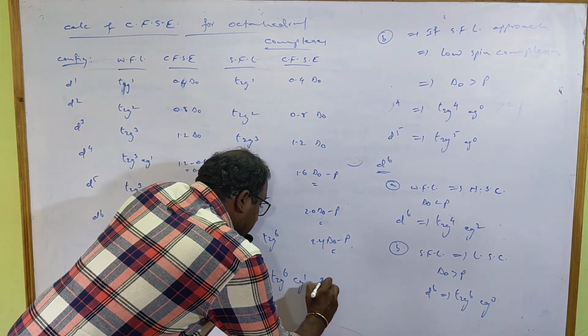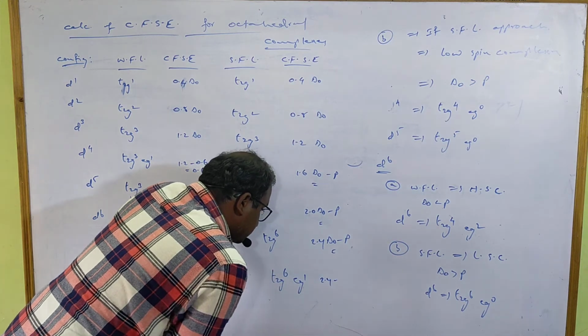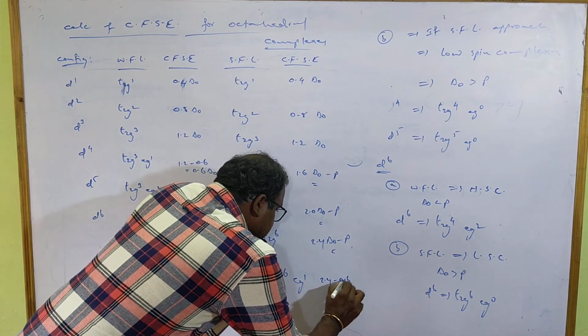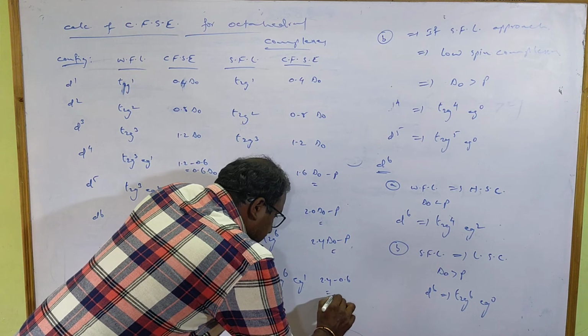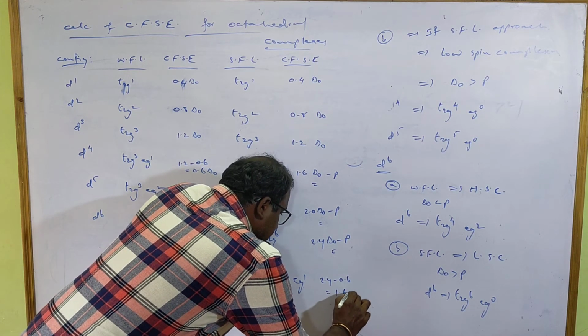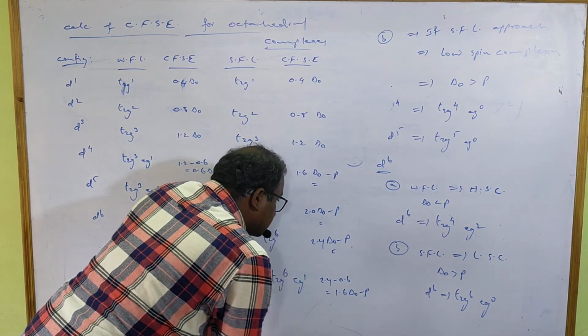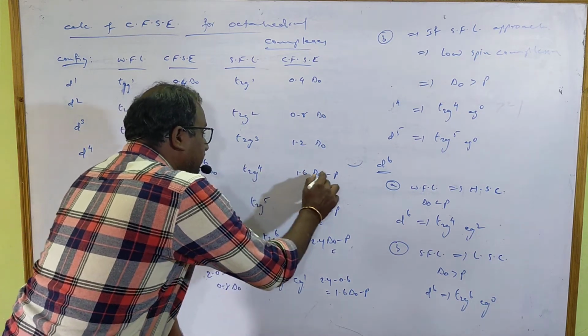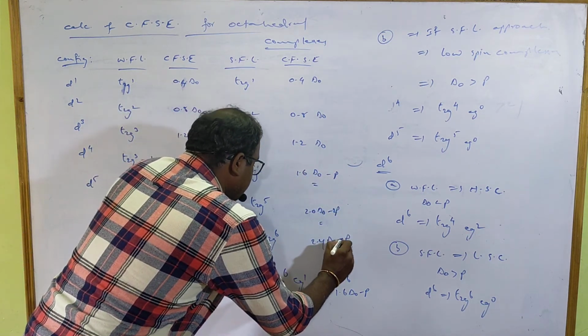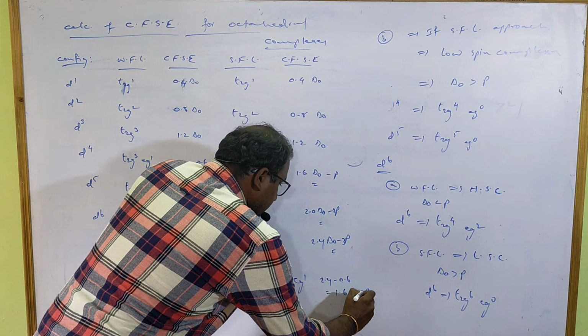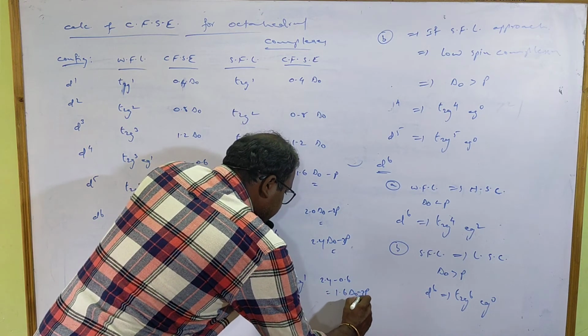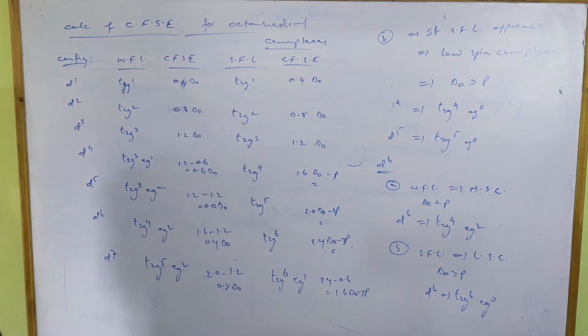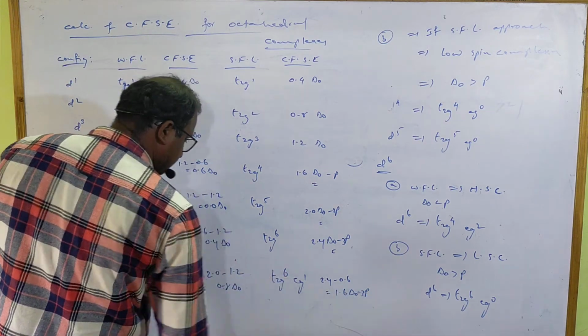Then it will be 2.4 minus 0.6 equals 1.8 delta O. Once again, how many pairs are there? Here 1P, here 2P, here 3P, so 3 pairs are there now, so 3P.